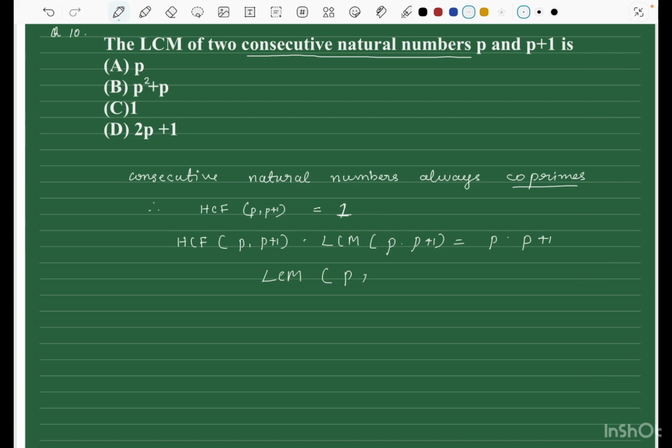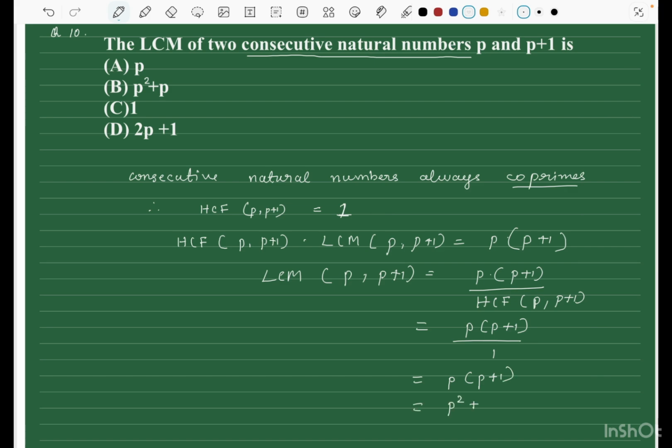So LCM of p and p plus 1 is equal to the product p into p plus 1 divided by HCF of p and p plus 1, that is equal to p into p plus 1, and HCF is always 1, so we get p into p plus 1.